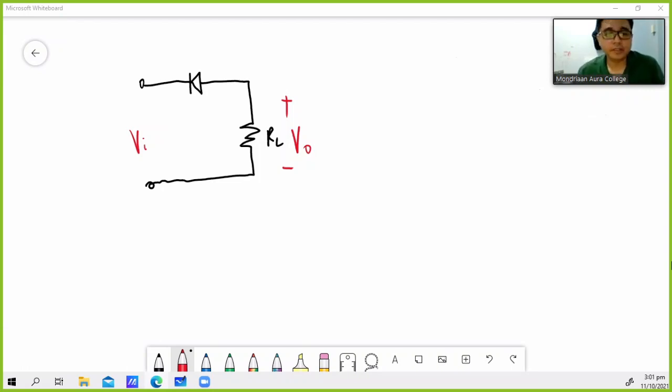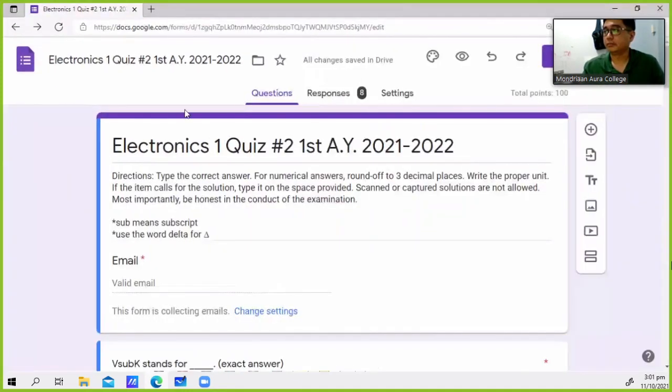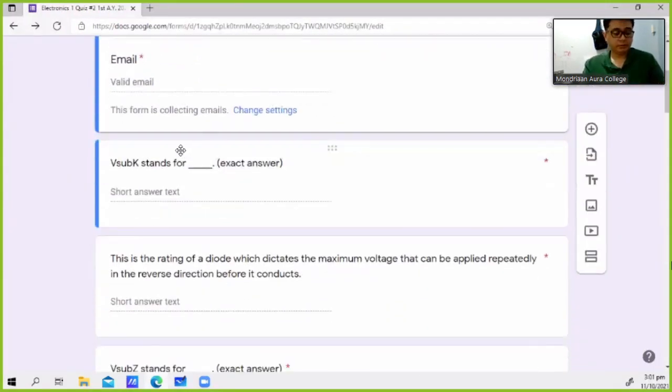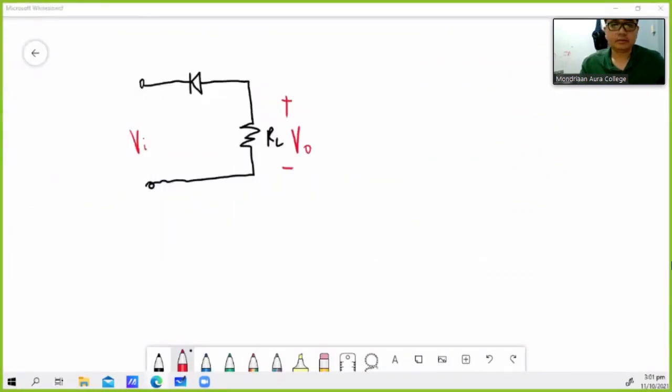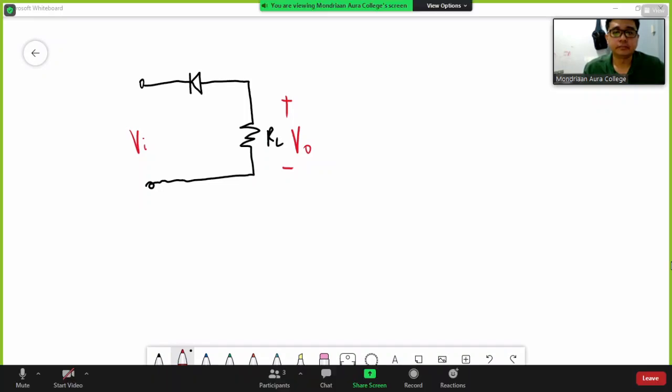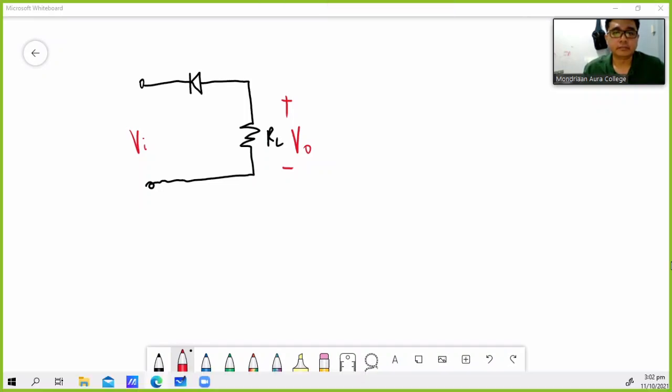Dalawa pa lang kayo nandito. Okay? So hapon na lang iba, no?